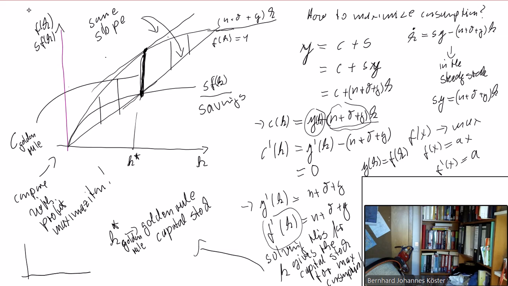Because what do we have in profit maximization? We look at the revenue, p times x, minus k times r, and x is our output.